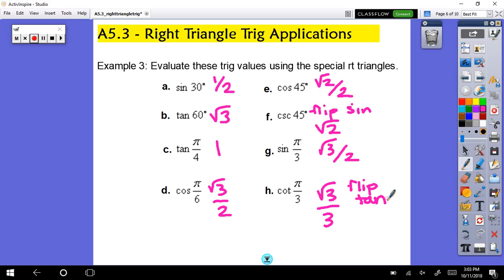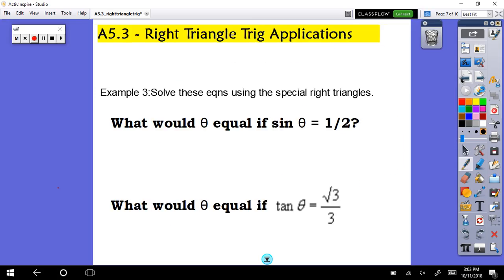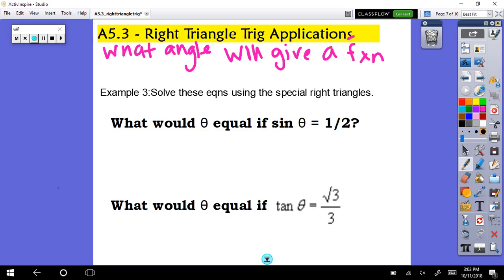All right, let's try going backwards now. The question you have to ask yourself is, what angle will give a function, so sine, cosine, tangent, cotangent, cosecant, secant, a given value.